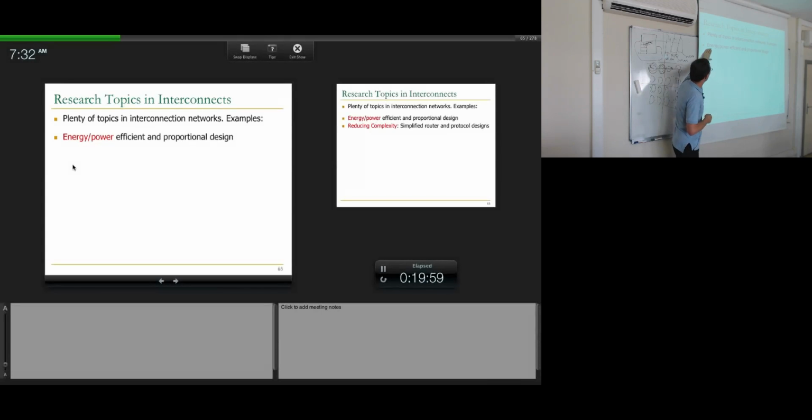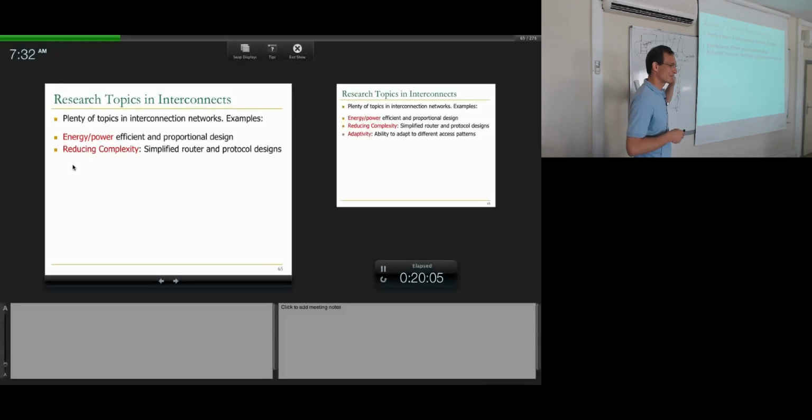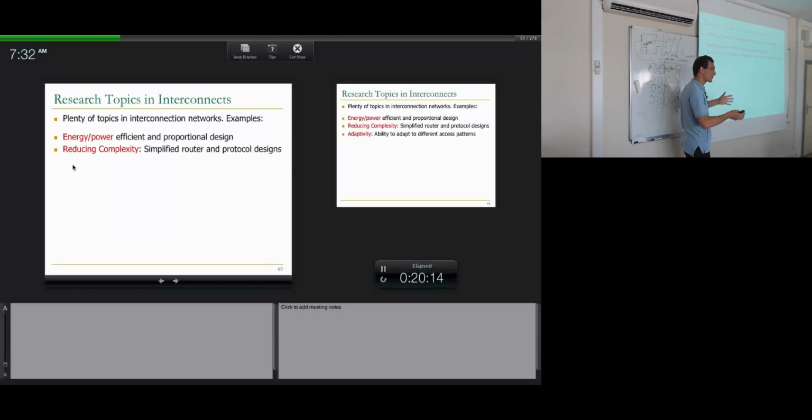Okay, so energy and power efficient and proportional design is a very important part, I think. These are actually, again, biased by my own opinions and my view of the field. Reducing complexity, I think simplified router and protocol designs are critically important because of the differences between on-chip and off-chip interconnects.